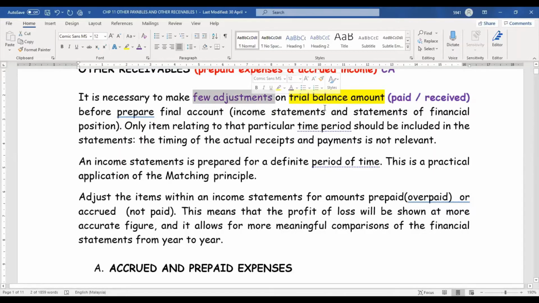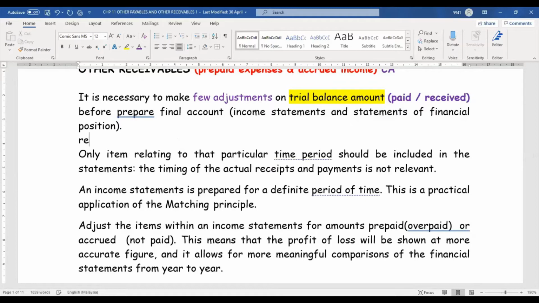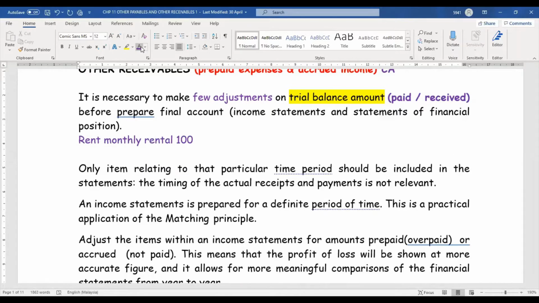Okay, example. Let's talk about rent. Your monthly rental is 100. In the year 2019, we rent the particular office January to December.